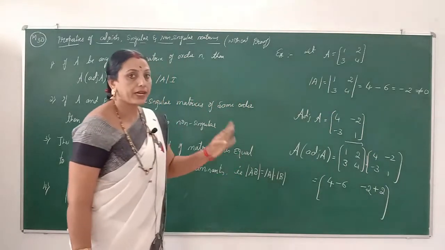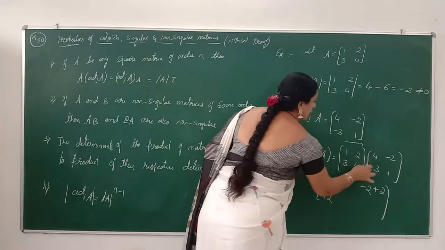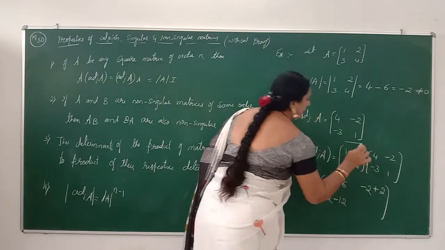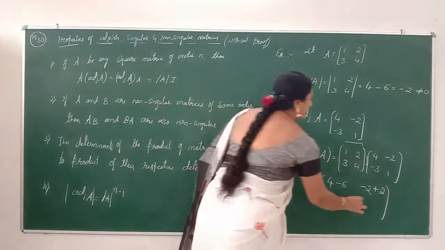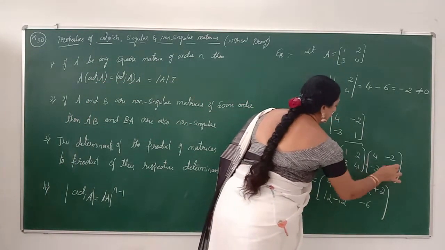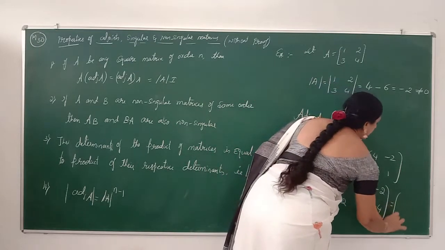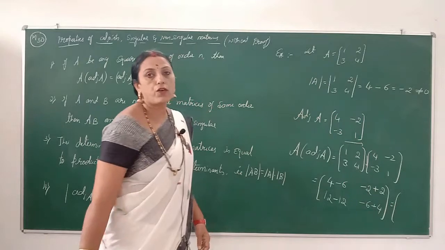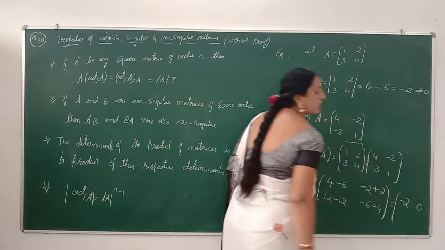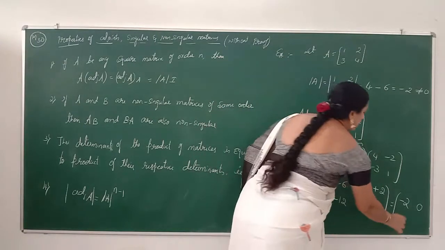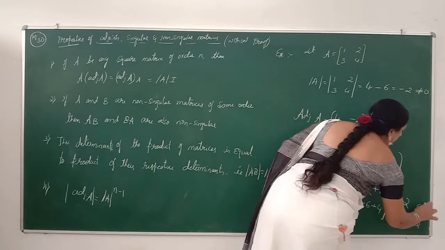Similarly, second row, first column: 3 into 4 is 12, 4 into minus 3 is minus 12. Second row, second column: 3 into minus 2 is minus 6, plus 4 into 2 is 8. After simplification: 4 minus 6 is minus 2, minus 2 plus 2 is 0, 12 minus 12 is 0, minus 6 plus 8 is 2.